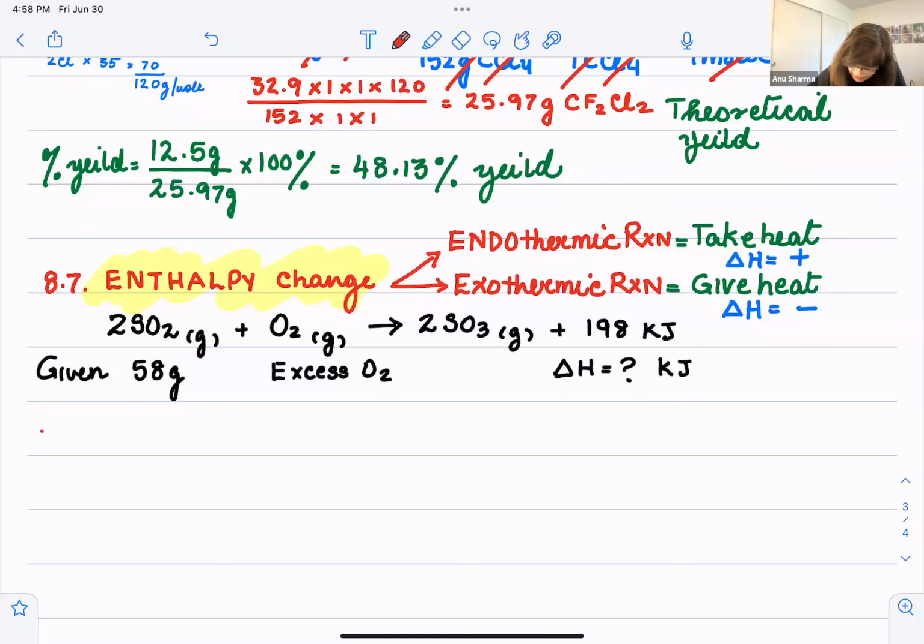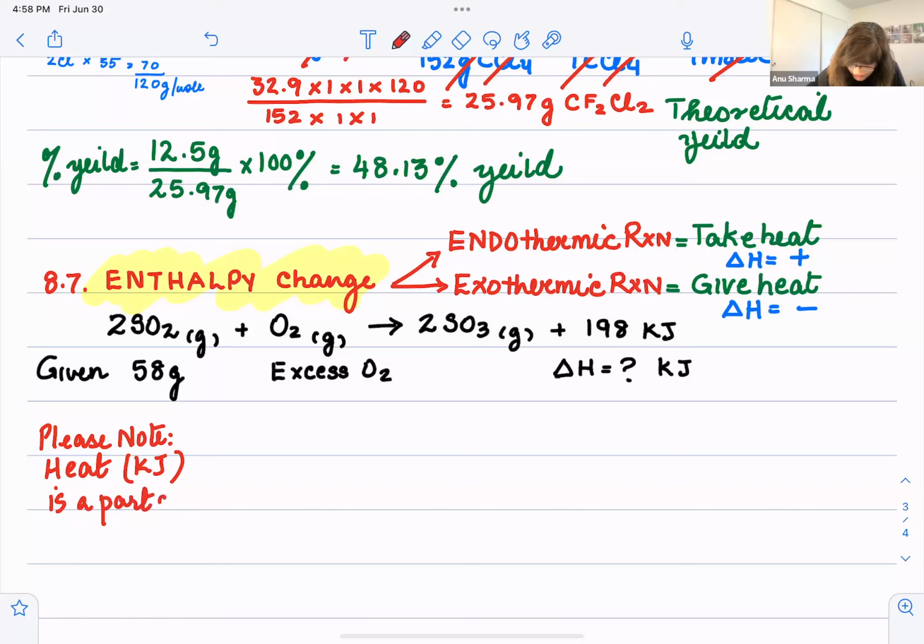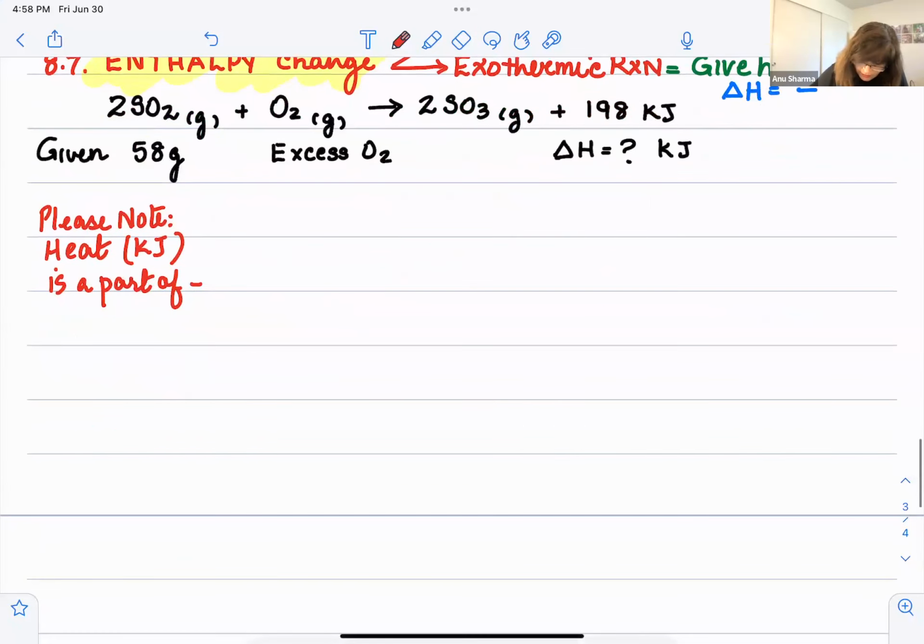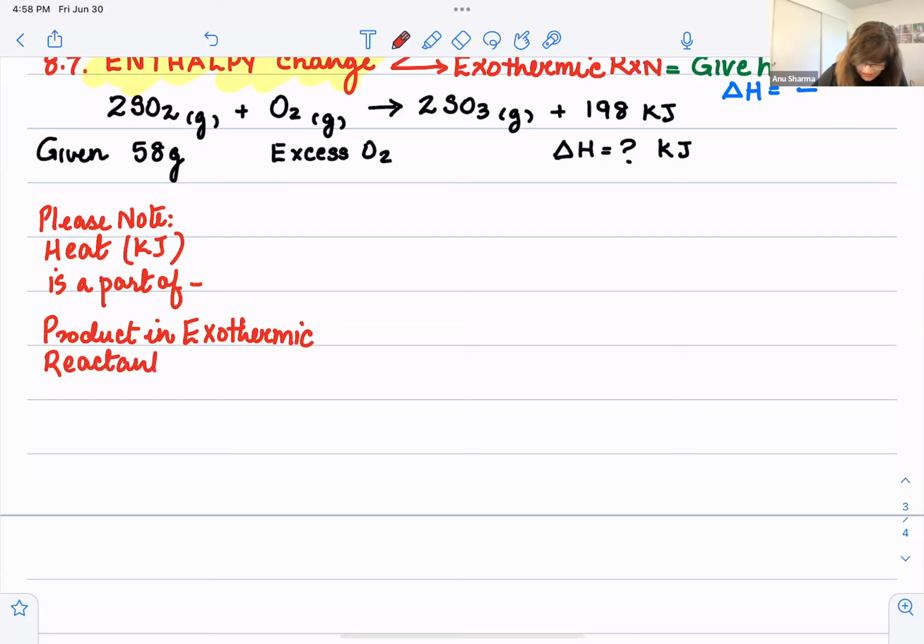Another note, please note that heat is measured in kilojoules. That's the unit. Heat is a part of the products in exothermic reactions, and in endothermic reactions, the heat is a part of the reactants.